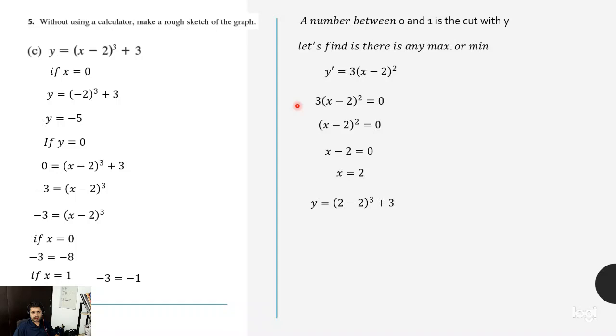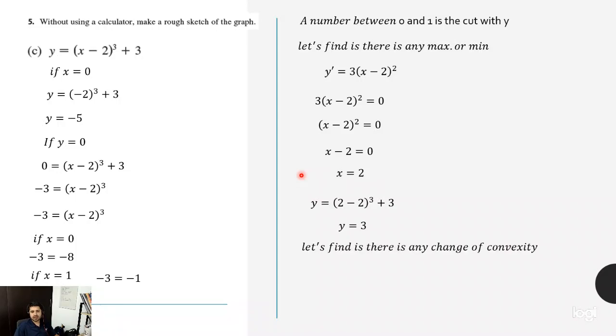Then replacing into this, we have y equal to 2 minus 2 to the power of 3 plus 3, just verifying that it works, which is to get the other value for y. So we just replace into this one, and we get y equal to 3.